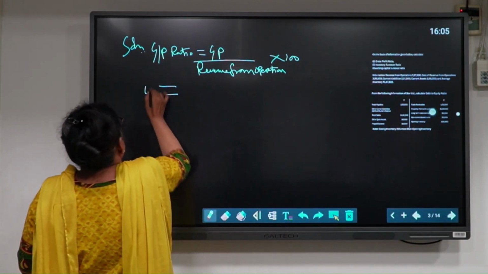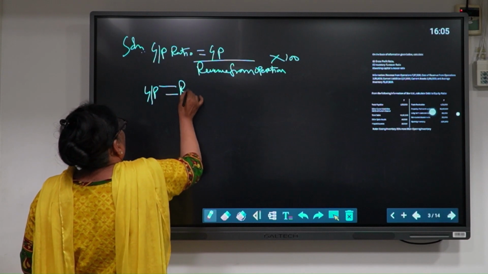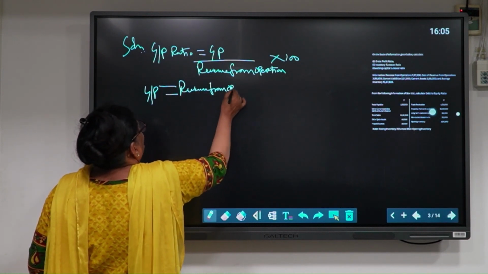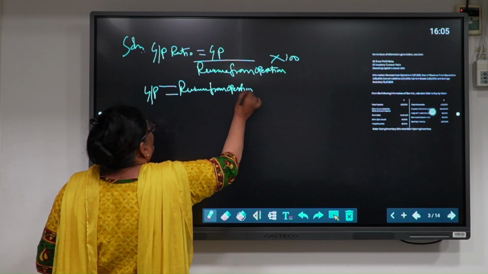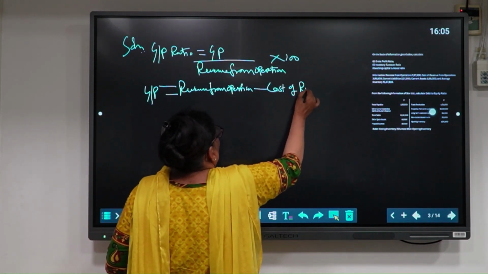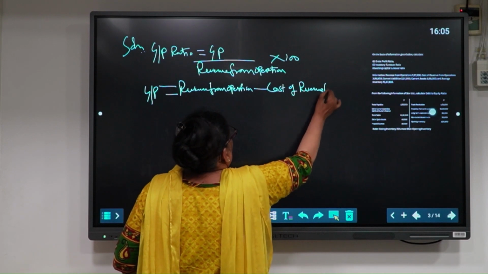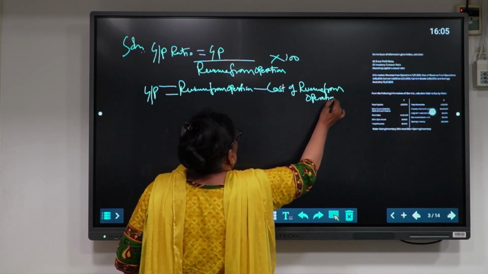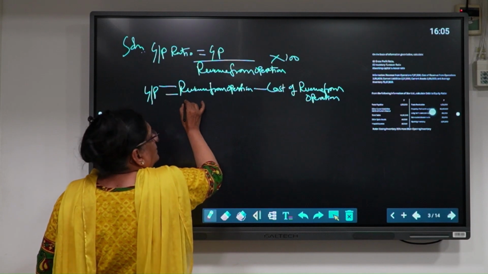See, gross profit is equal to revenue from operation minus cost of revenue from operation. Clear?